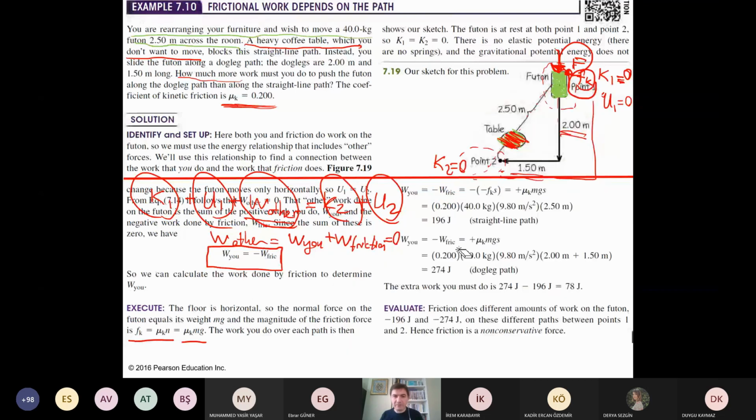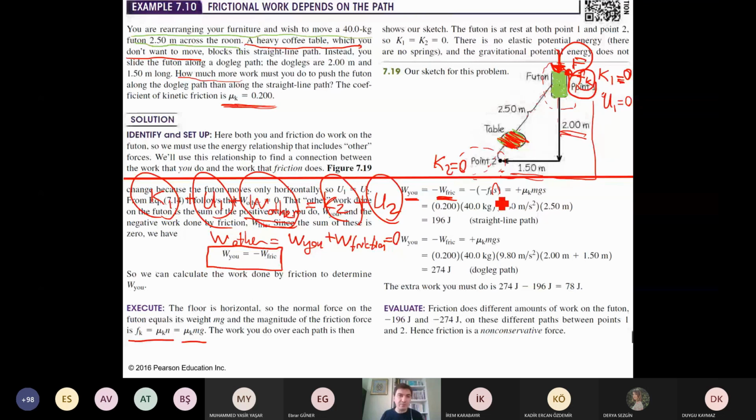The work done by yourself is equal to minus the work done by the friction force, and here we have minus. And what about the work done by friction force? It is negative because it is always opposite to the applied force. Then here we have minus Fk times S. What is this S? This S is the displacement, okay?